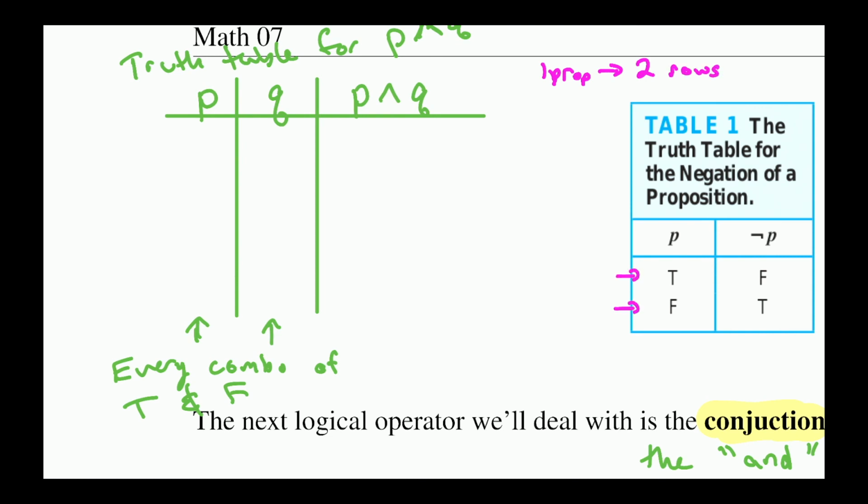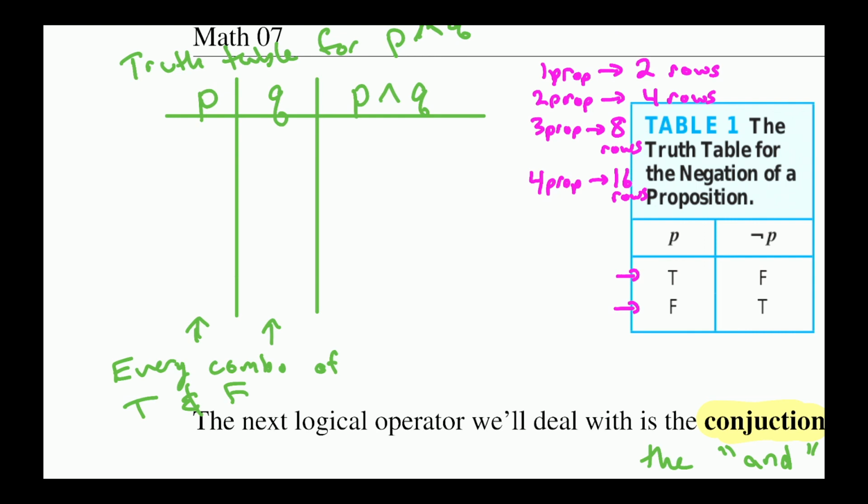Like 1, 2. If you have two propositions, there's actually going to be 4 rows to get every combination of true, false. If you have 3 propositions, it's going to take 8 rows. If you had 4 propositions, it would actually be 16 rows, right? It doubles every time. It's actually 2 to the n rows.